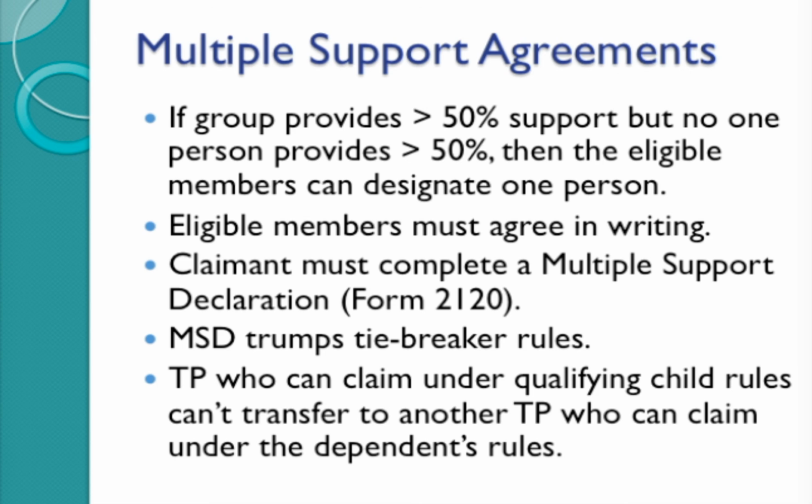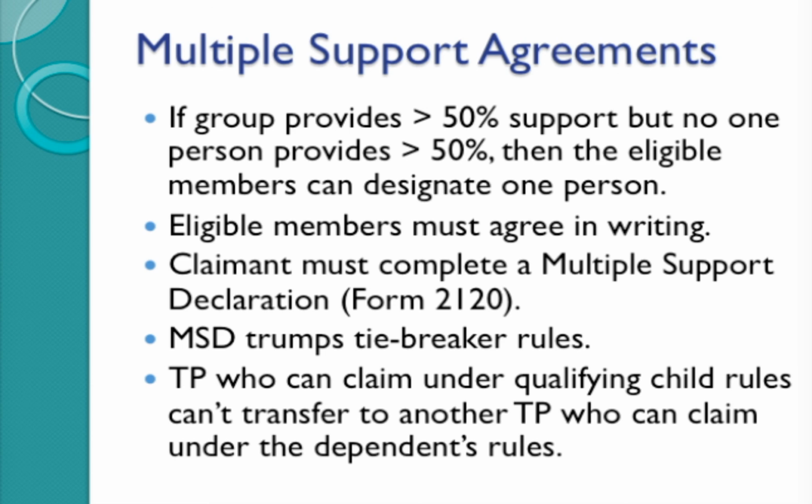And this multiple support declaration, which is an actual form, which you'll see in the next slide, basically serves to say who is going to be designated as the recipient of the exemption because of these varying support levels. And anything that's set out in this multiple support declaration would then trump anything that was in that previous slide about tie-breaking rules.